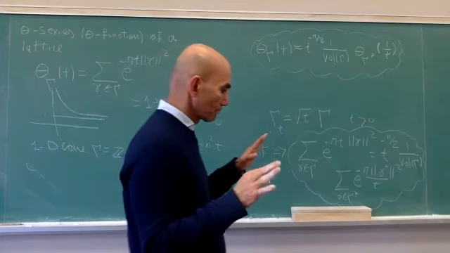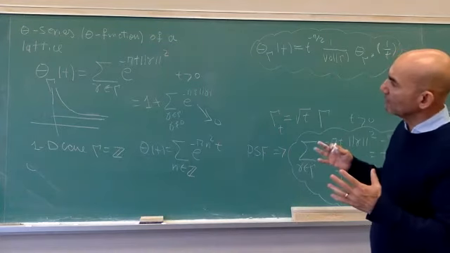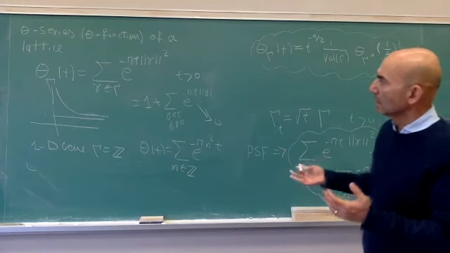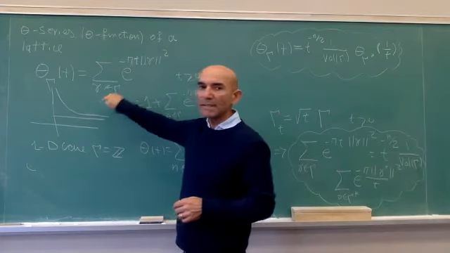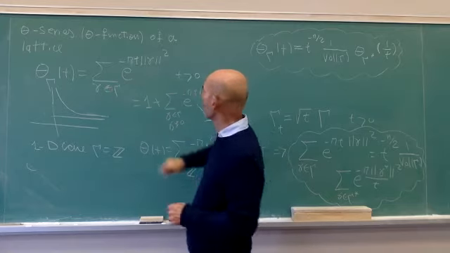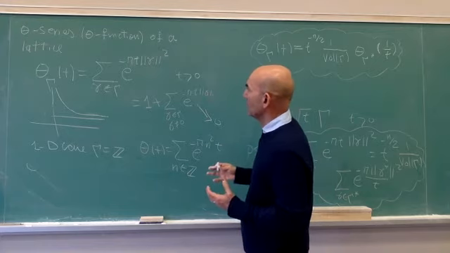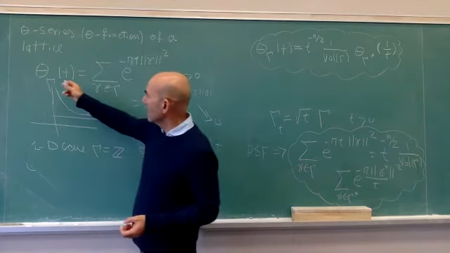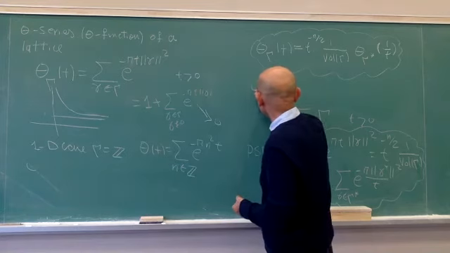If the theta functions of 2 lattices are the same, then you can go on and show that all these lattice points are the same. So, in other words, there is exactly as much information in the lattice as there is in its theta function, so let me make this a statement.